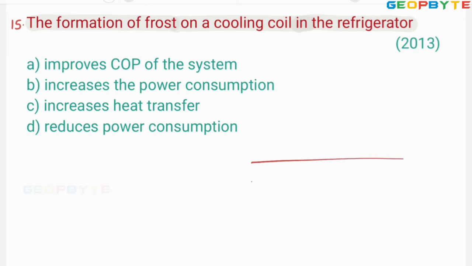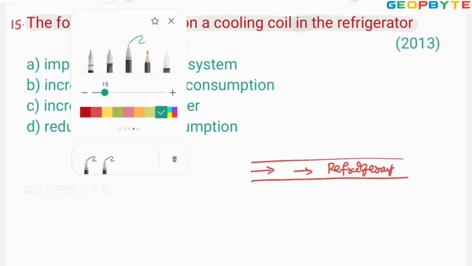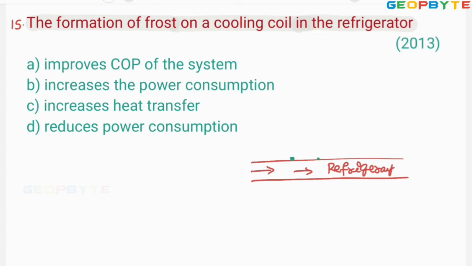Let the coil carry the refrigerant. Refrigerant is flowing through the coil. Then some ice particles may be formed on the surface of the coil like this. Those ice particles formed on the surface of the evaporator coil are called frost.